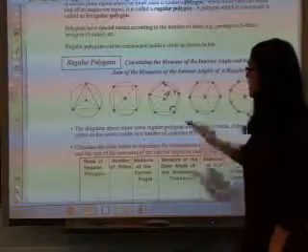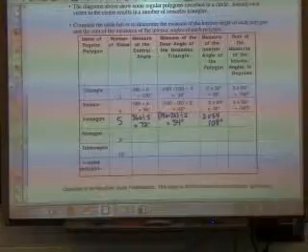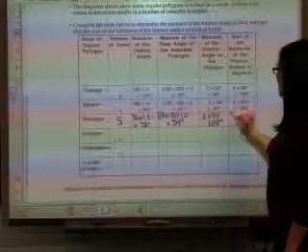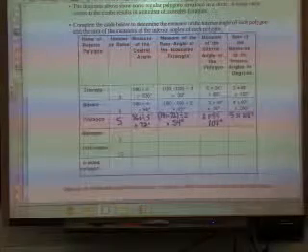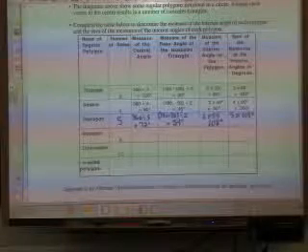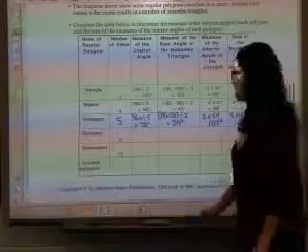That's the 108, because if this is 54 degrees and these triangles are all the same, this will be 54 degrees. And then the last thing that you're asked to find is the sum of the interior angles. So there's 5 angles, each of which measure 108 degrees, which altogether would give me 540 degrees. Okay?